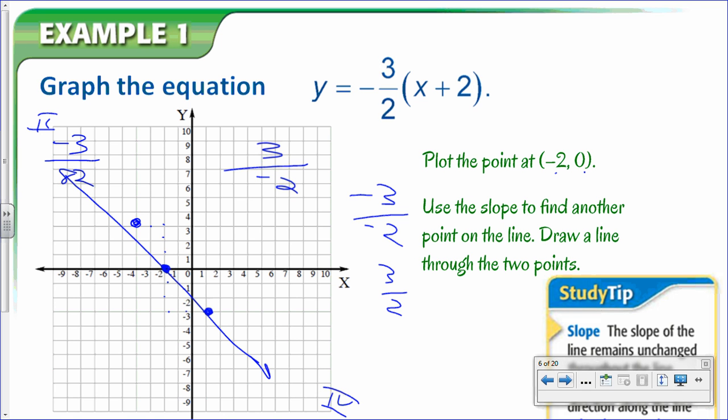Well, on an inequality, you're going to have to shade either above the line or below the line. So you need to make sure that your lines go all the way out to the edge. See what I'm saying? This line needs to go all the way to the edge there, and then come all the way to the edge there. Does everybody understand that? Okay.